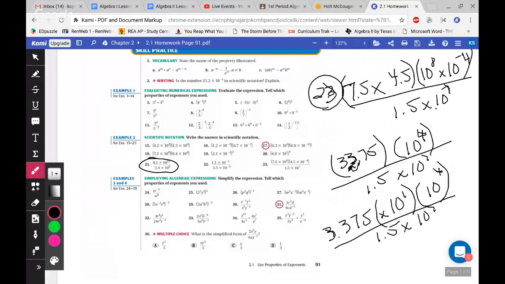Now I'm going to add this exponent with this exponent. So on the top, I'm going to have 3.375 times 10 to the 5th, because I'm adding those two exponents, all over 1.5 times 10 to the 7th.